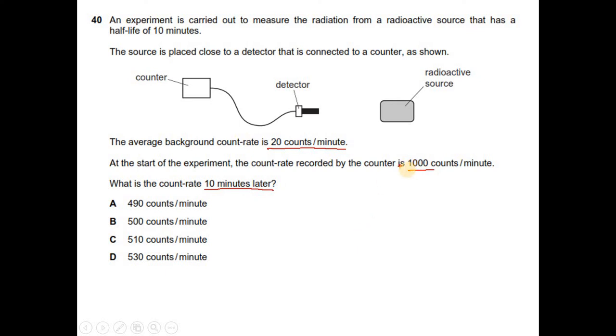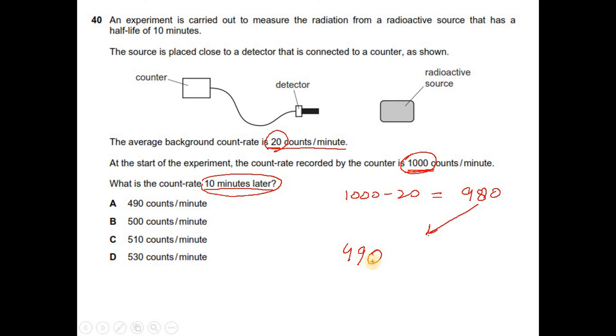So the initial count rate was 1000. If you need to find the count rate from the sample, because this count rate includes the background radiation, 1000 minus 20 will give you 980. After 10 minutes, this is one half-life, so 980 is reduced to 490.